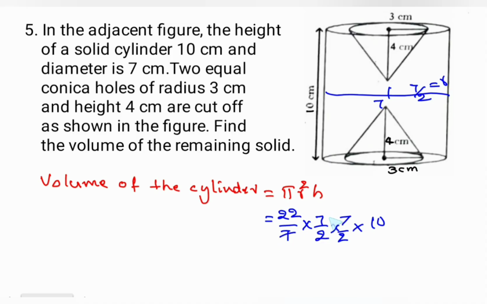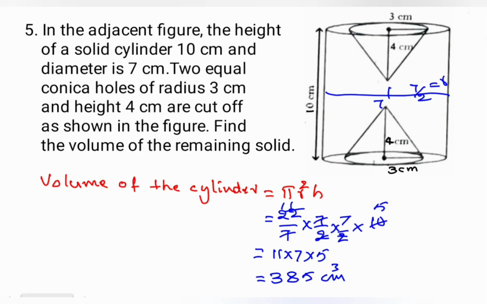The 7s get cancelled, and 2 elevens are 22, 2 fives are 10, remaining 11 into 7 into 5, which is 55 into 7, equal to 385 centimeter cube.